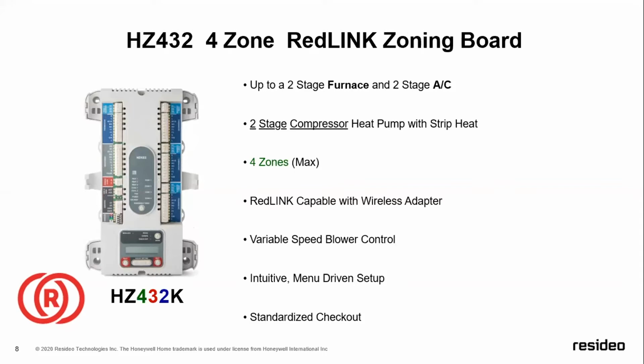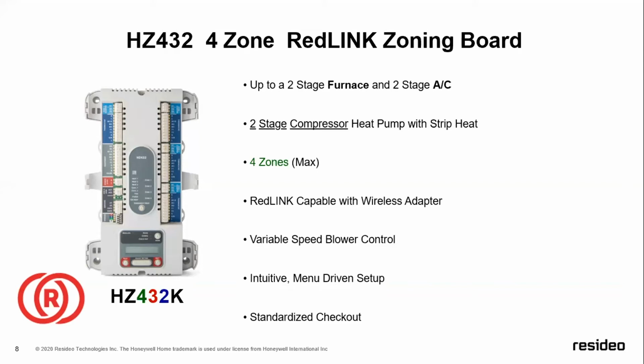Okay, so now we have the King of the Hill, which is our HZ432 zoning panel. It is a 4-zone panel, and once again, it is RedLINK capable once you add that wireless adapter to it. So here's what's important for you to understand.